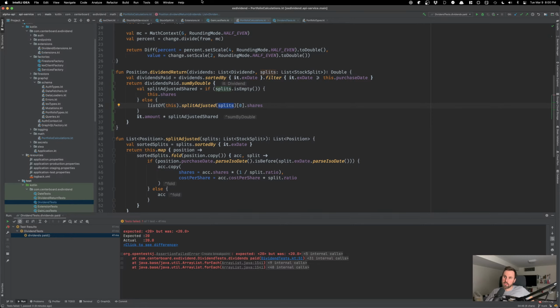So the problem is, if the stock split multiple times, if I ask for the split adjusted, it will give me the end split adjusted amount because it just blindly runs through all of the different splits. But we only want to give it the splits that occurred before the given date that we're calculating, right?